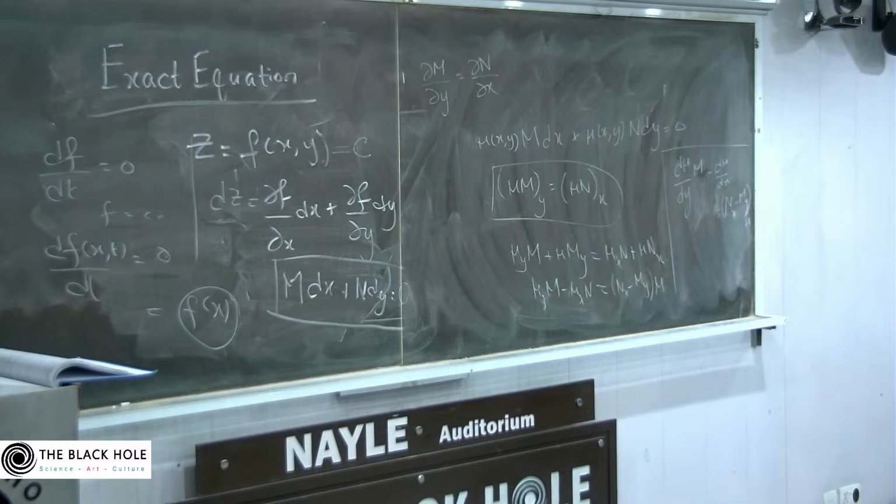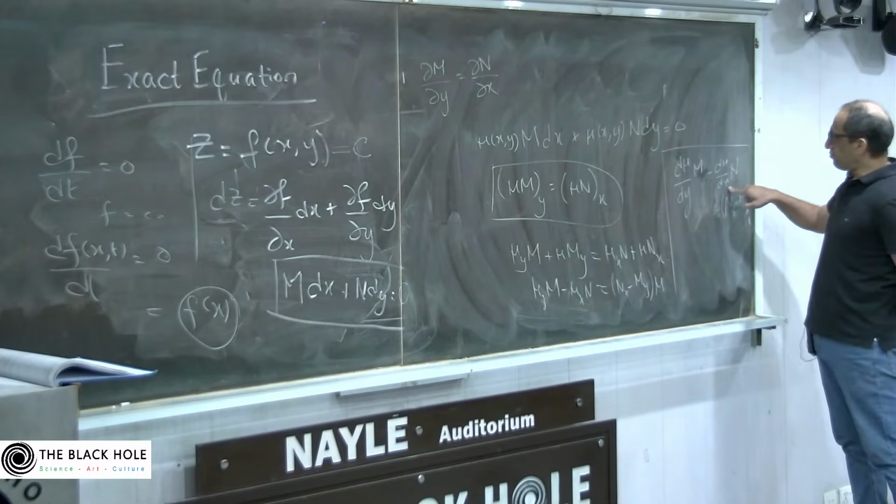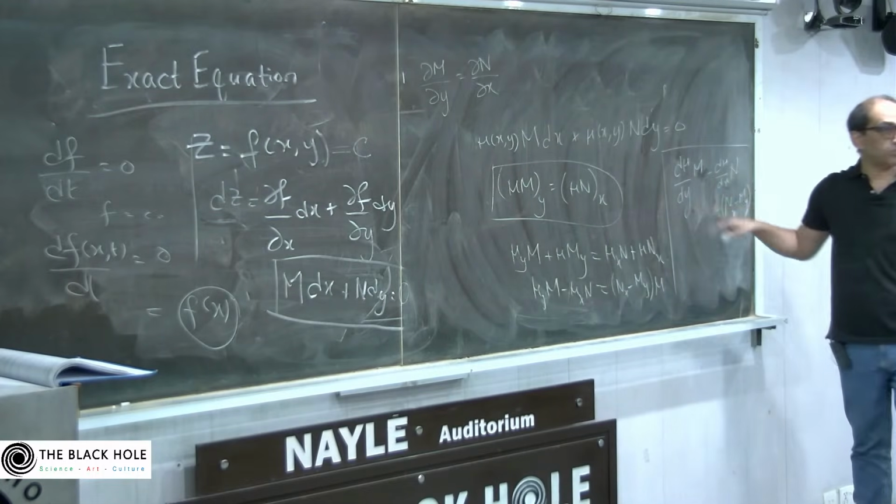What is the problem? Identify the problem here. You have not learned how to solve a PDE, and over here you have mu with respect to x, mu with respect to y.